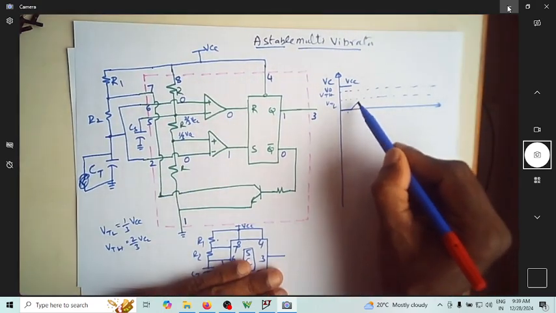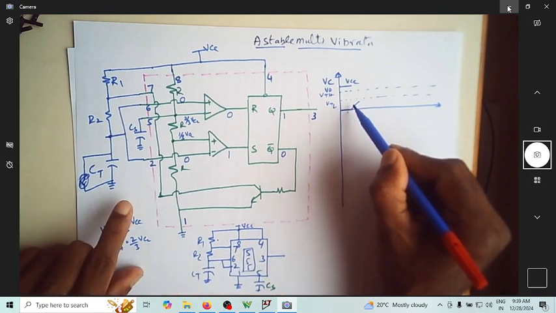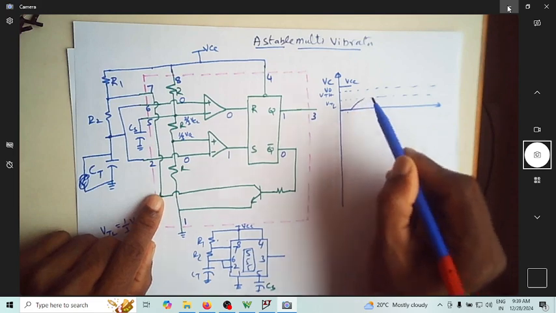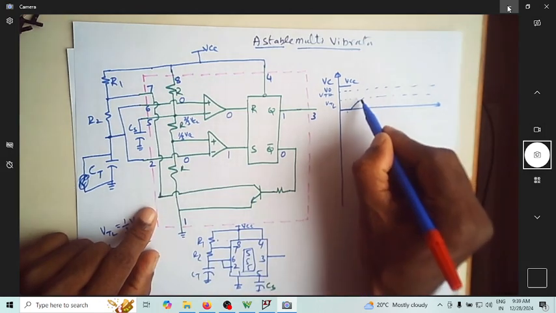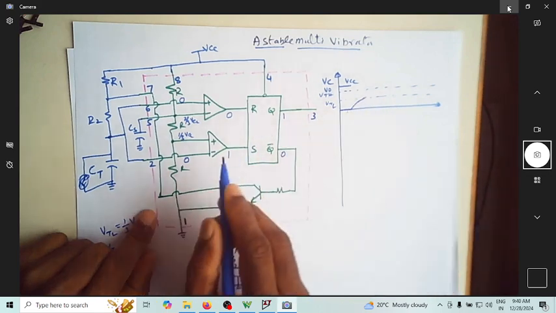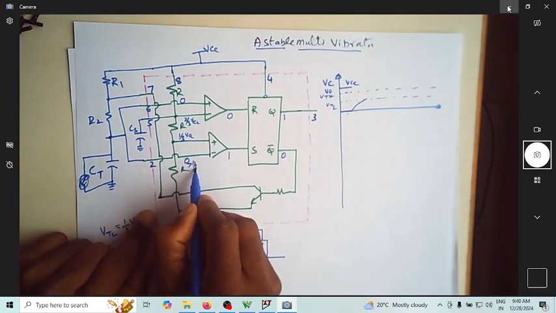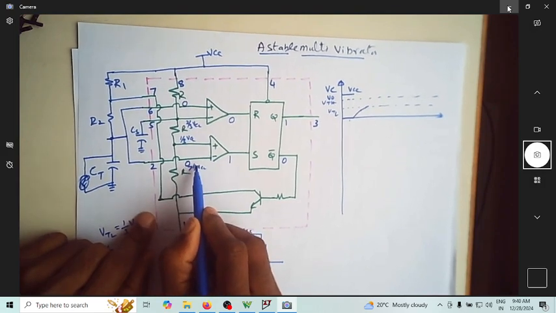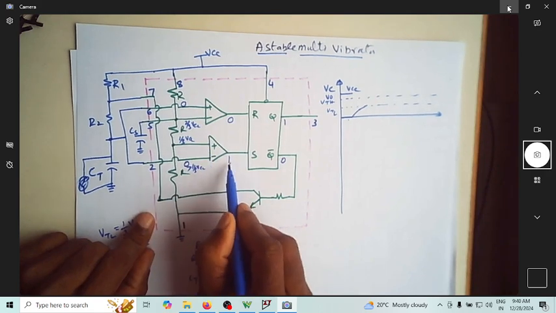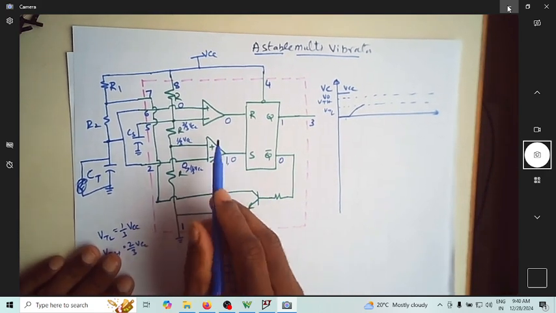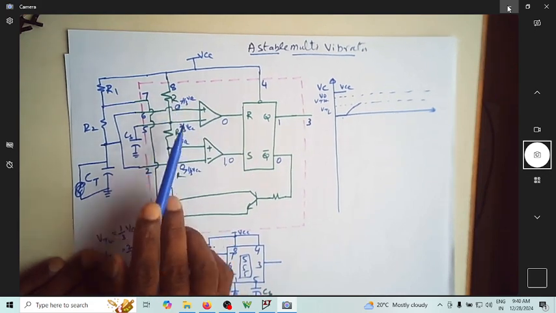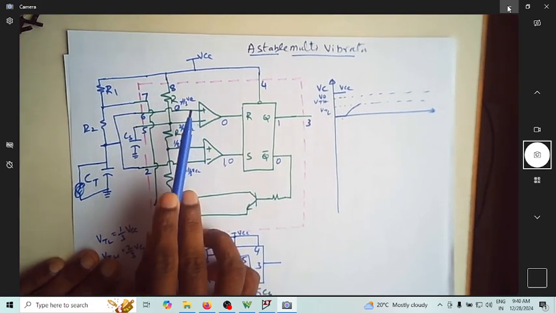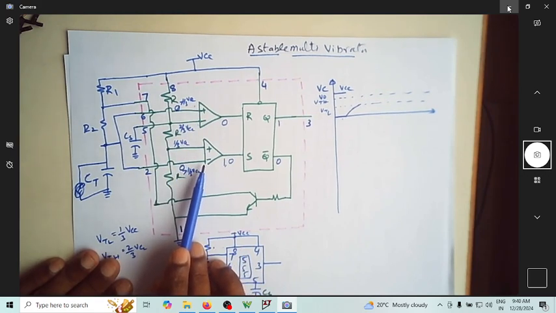As long as the voltage of your capacitor is less than VTL, it is below this. The moment it exceeds 1/3 VCC, V minus is more than V plus, so that comparator output is 0. The other comparator is also slightly greater than 1/3 VCC, so V minus is greater than V plus there too.